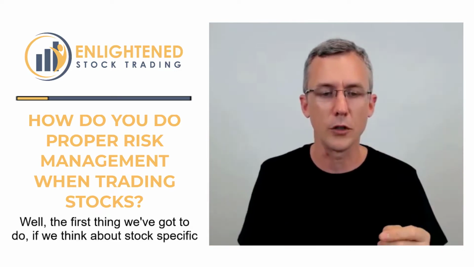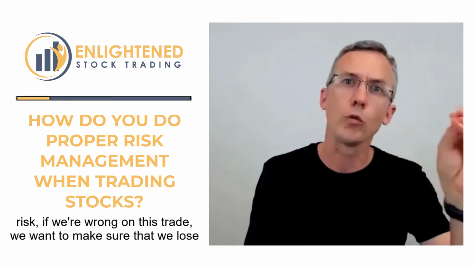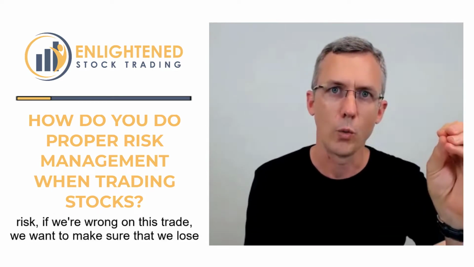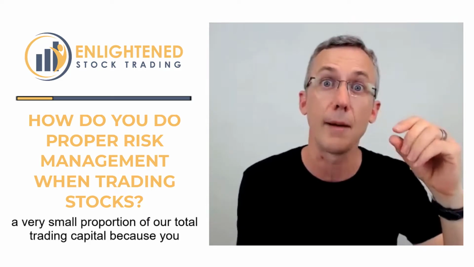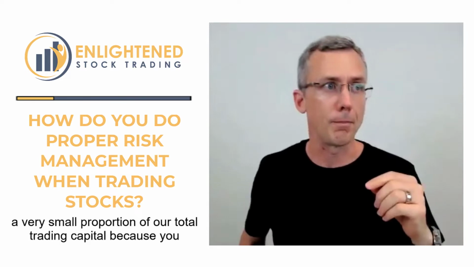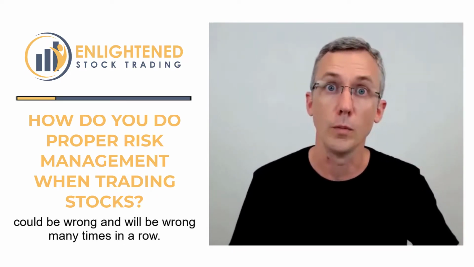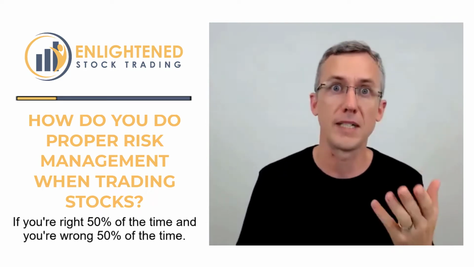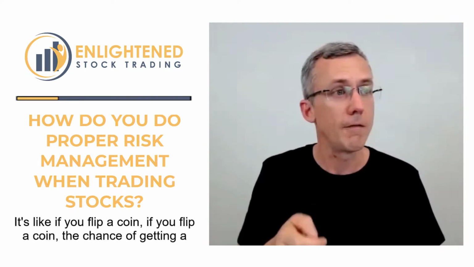Well, the first thing we've got to do, if we think about stock-specific risk, if we're wrong on this trade, we want to make sure that we lose a very small proportion of our total trading capital, because you could be wrong and will be wrong many times in a row. If you're right 50% of the time and wrong 50% of the time, it's like flipping a coin.